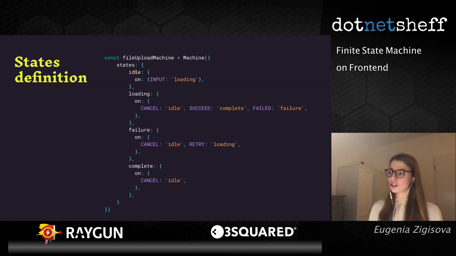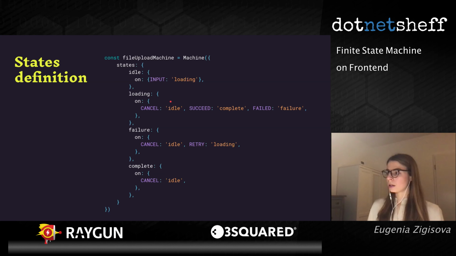And also for each state, we will define possible transitions. And a transition here is just a key value pair, where key is the name of the event and the value is the name of the next state.